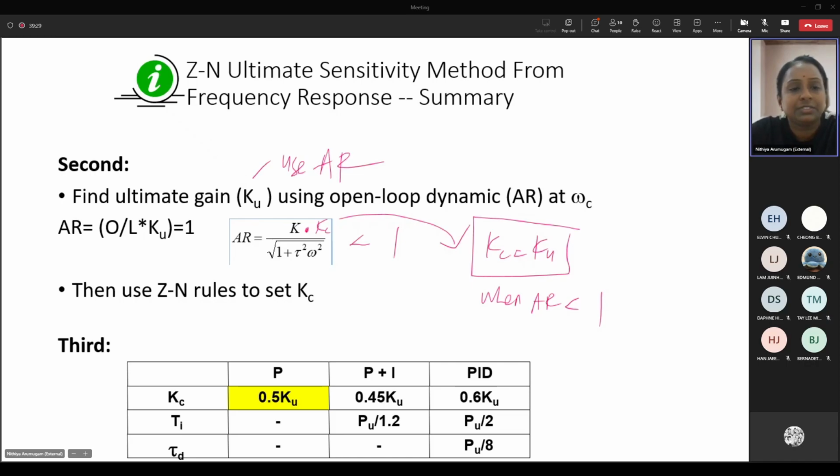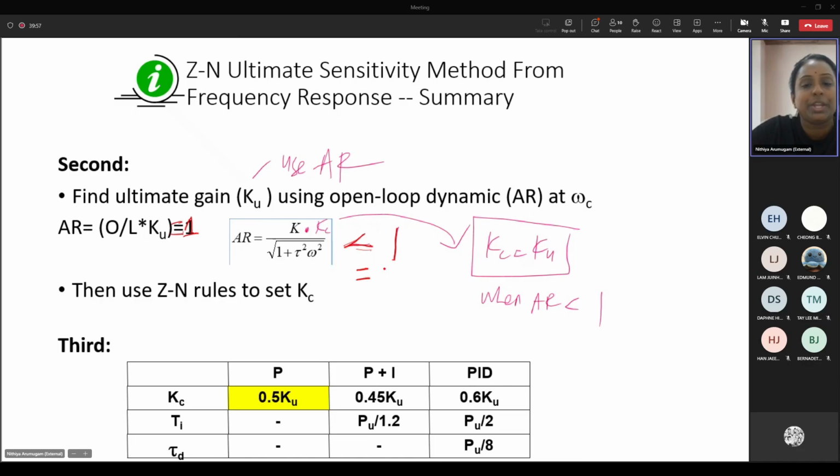Second step, next we need to calculate the Ku, the ultimate gain, using the amplitude ratio, by equating it to 1. The basic rule is that the amplitude ratio must be less than 1, and that is the basic requirement.